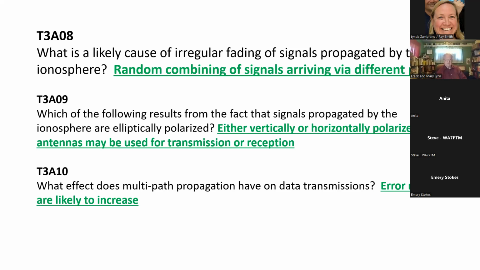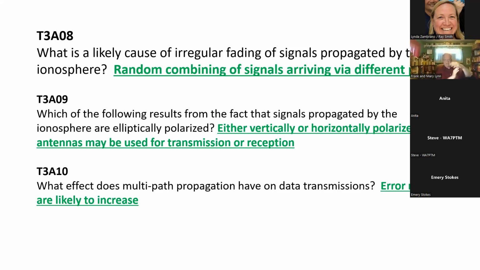Which of the following results from the fact that signals propagated by the ionosphere are elliptically polarized? Okay, elliptically polarized. First means that, remember how we had the picture of the electric and magnetic fields at the very beginning? They're right angles to each other. Well, elliptically polarized means this is one of the times when that picture doesn't hold true.